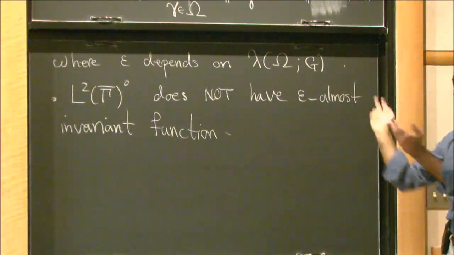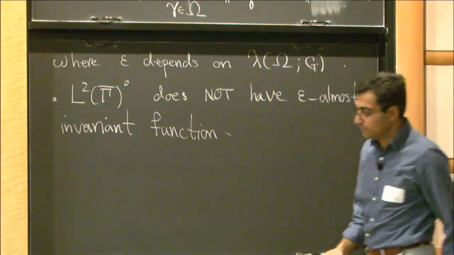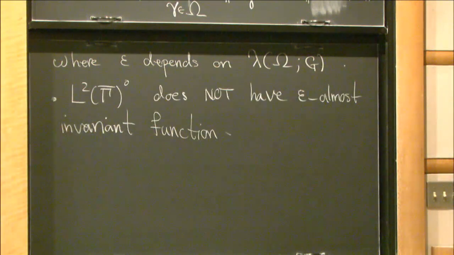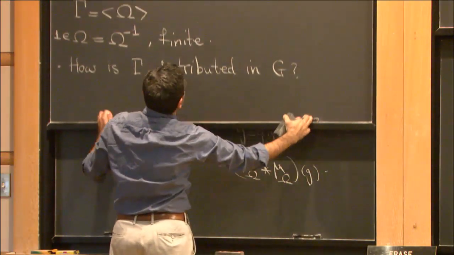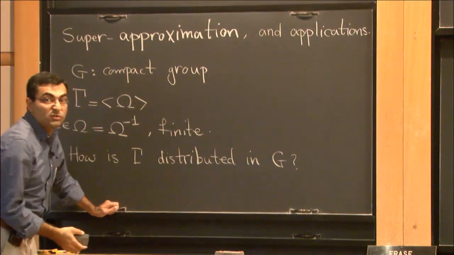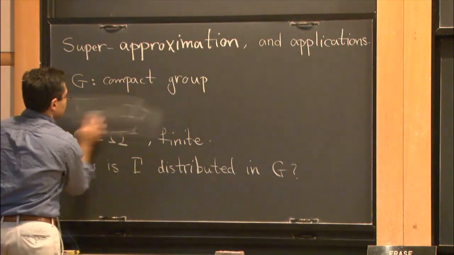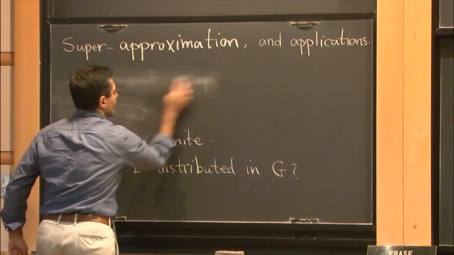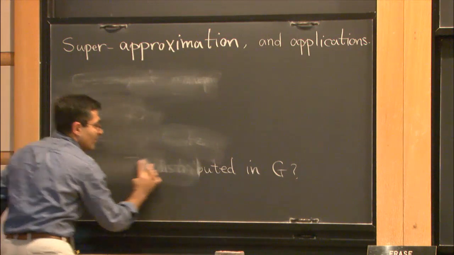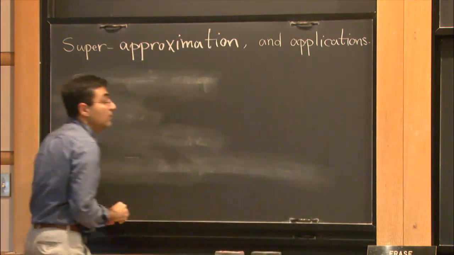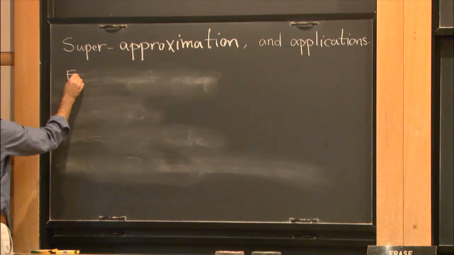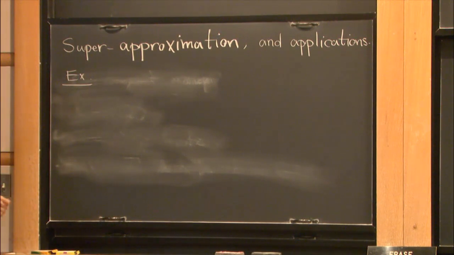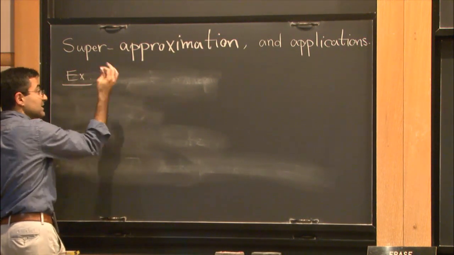And in fact, the converse is also correct. Now the cheating example is groups with property T. So what is that?